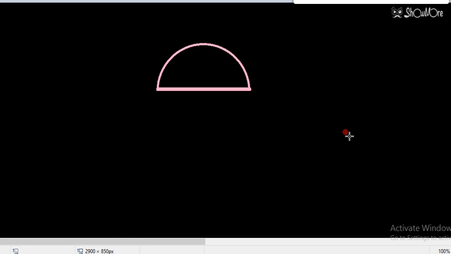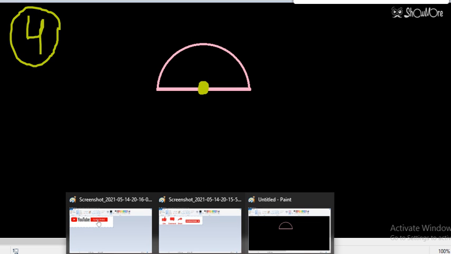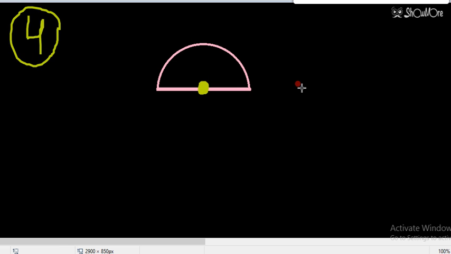So this was the hemisphere which is given to me. So basically, students, what the examiner is saying in the fourth question is that the charge is placed at the center point of a hemisphere, like this one. So he is asking how much flux will come out of this hemisphere.